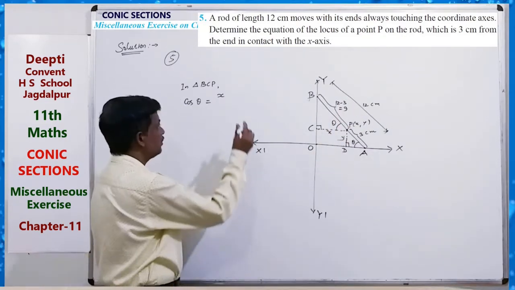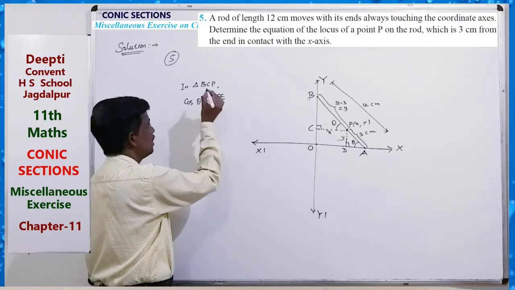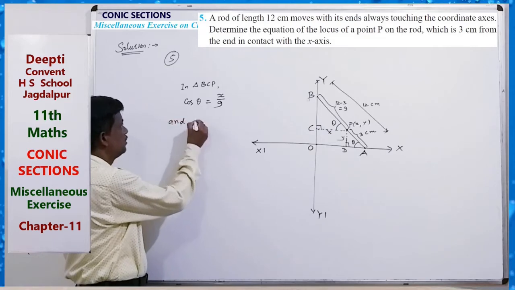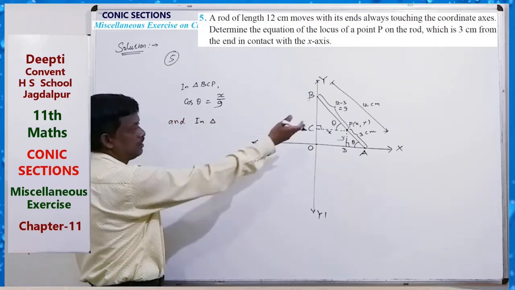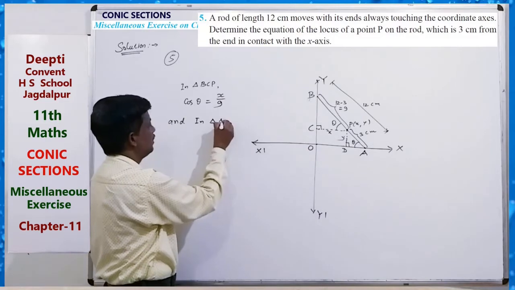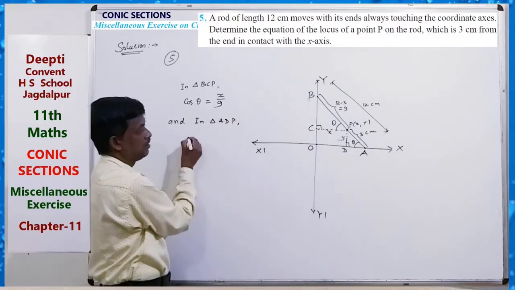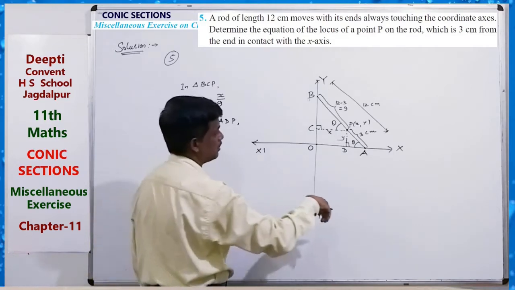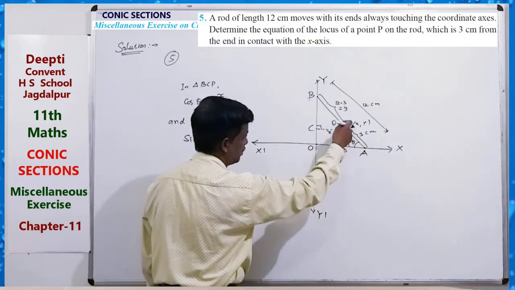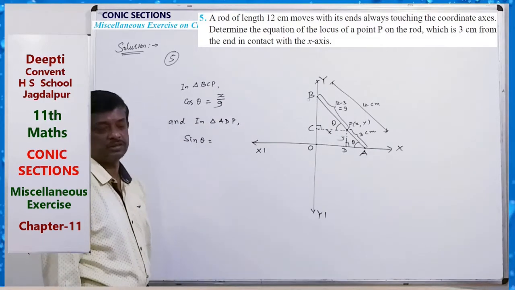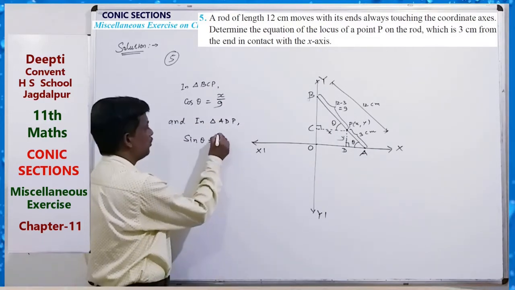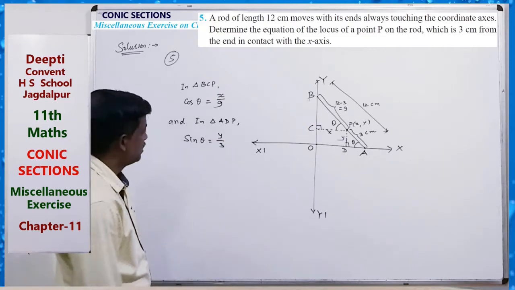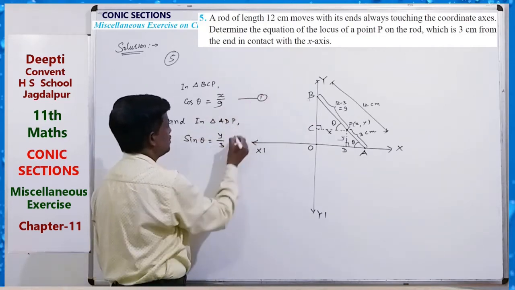So x by 9. And in triangle ADP, sin theta equals to perpendicular by hypotenuse. So y upon 3. So this is 1, this is 2.